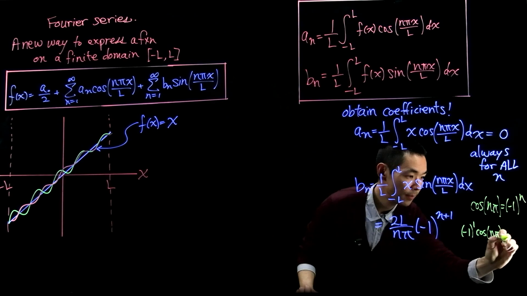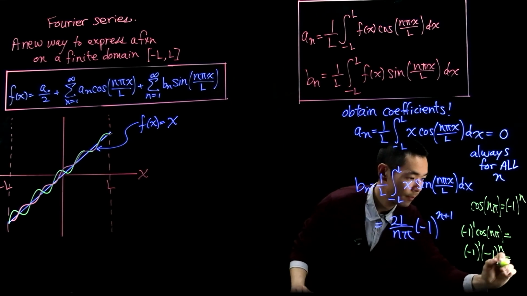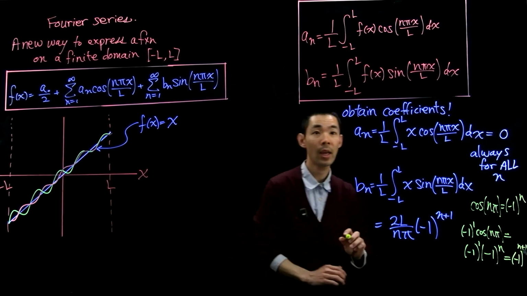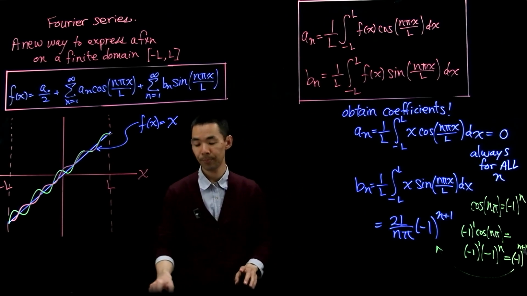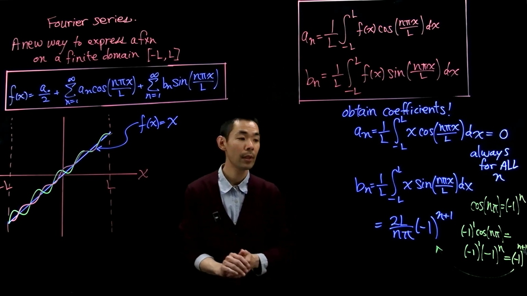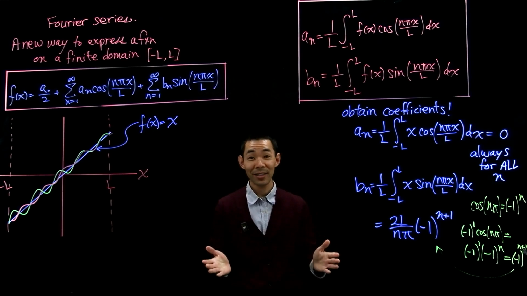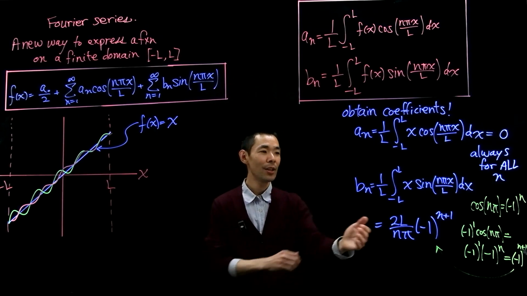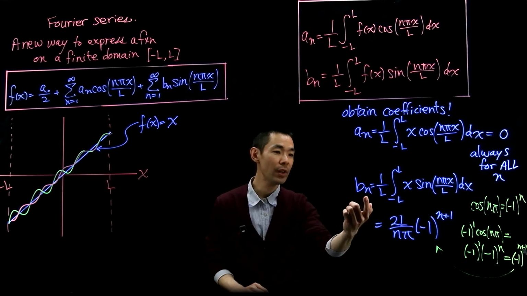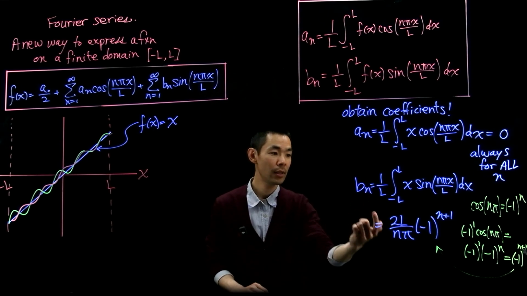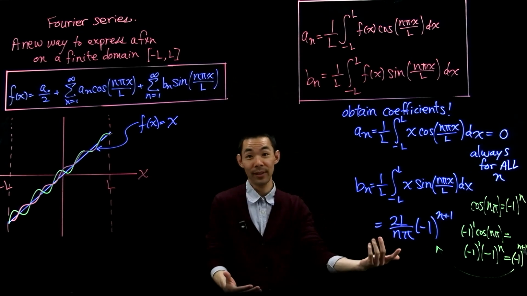Combined, that is -1 to the n plus 1 power, which is what we have right there. So what we find is that for the sine coefficients, for every value of n, it's whatever this number is.